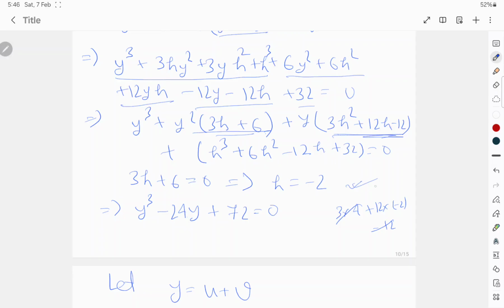Similarly you apply h equal to minus 2 here, so basically minus 8 plus 24 minus 24 plus 32. Minus 2, so whenever you are subtracting this will be plus, right? This is not cancelled. So you see you have 24, and 3 into 24 is 72.